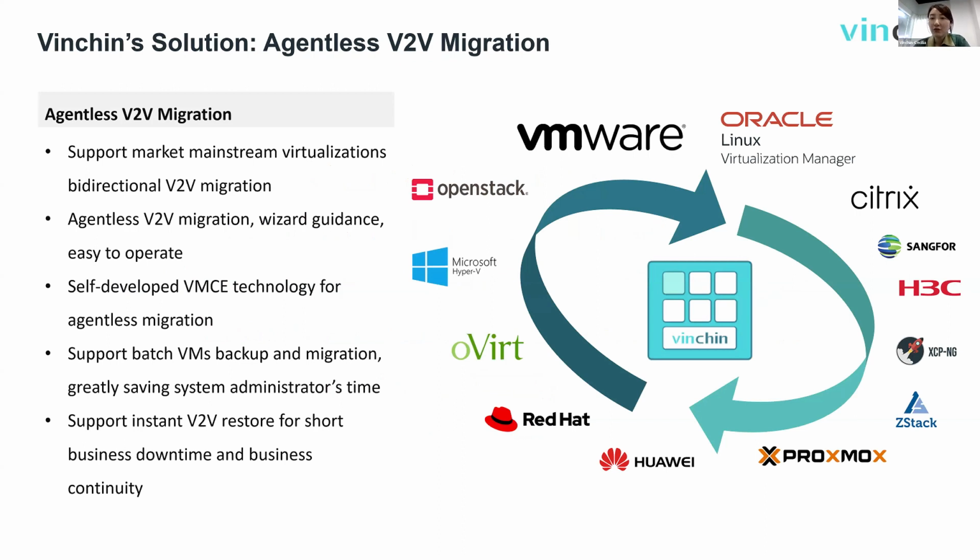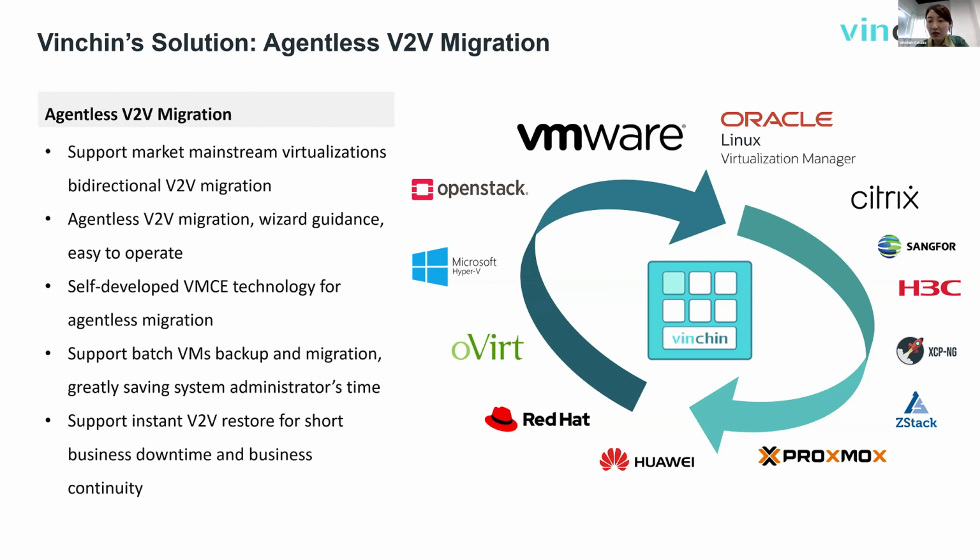As you can see, Vinchin's V2V migration solution is agentless. On the right side of the picture, you can see that we support most of the market mainstream virtualizations with bi-directional V2V migration, which means you can perform the migration between any two platforms among these supported virtualizations.